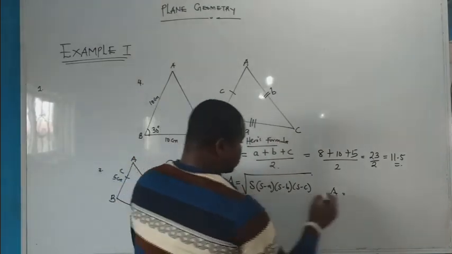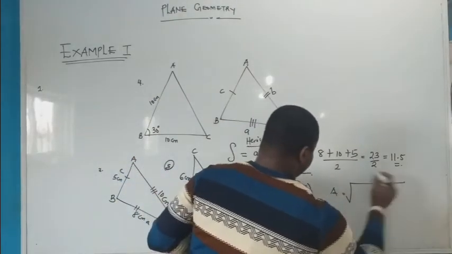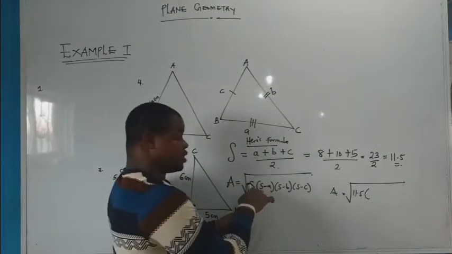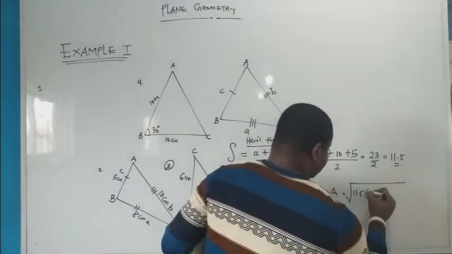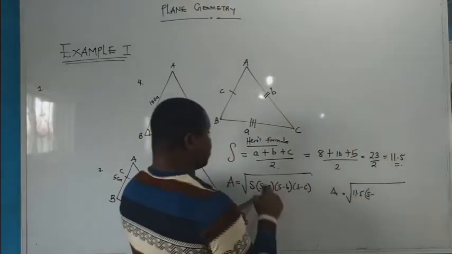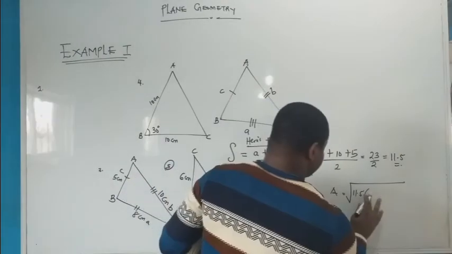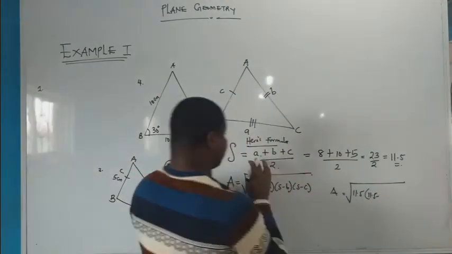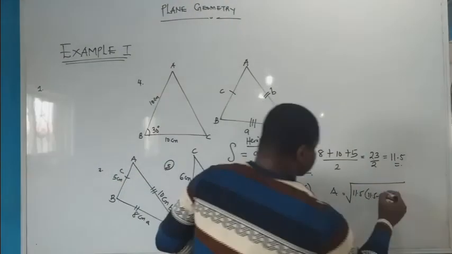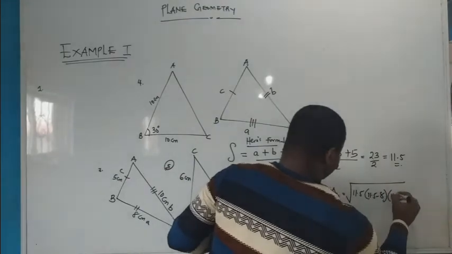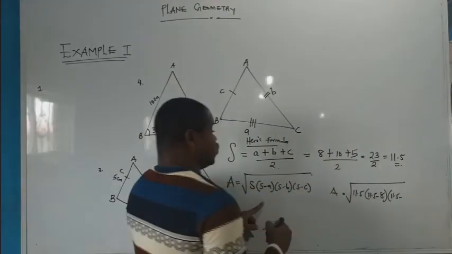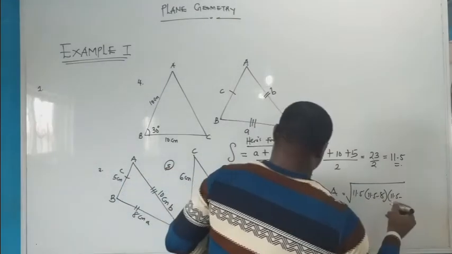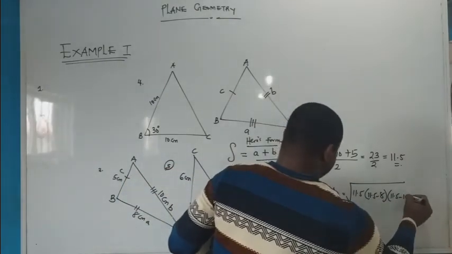So A is equal to the square root of s, 11.5, in brackets, s minus a. Remember s is 11.5, so you still write 11.5 minus a, which is 8. Then 11.5 minus b, which is 10.